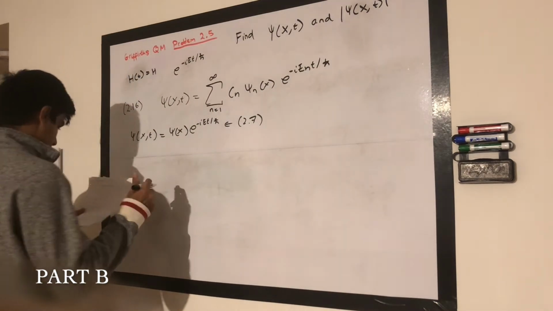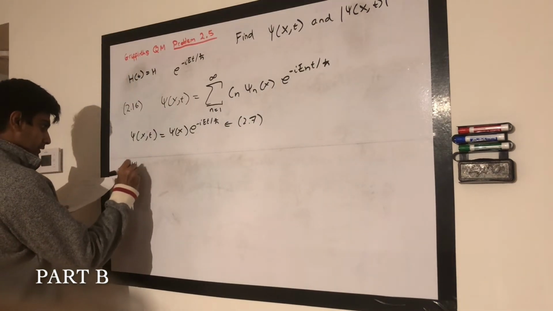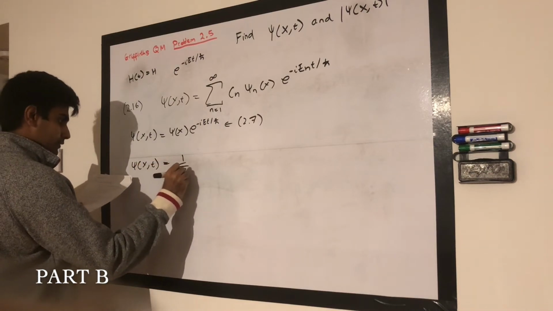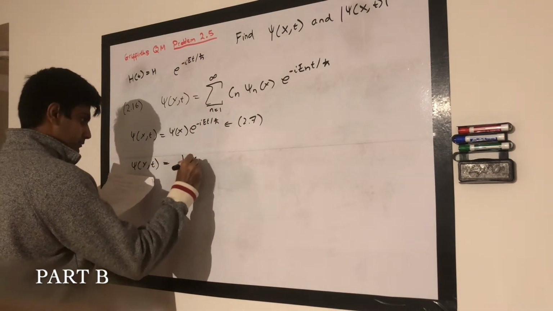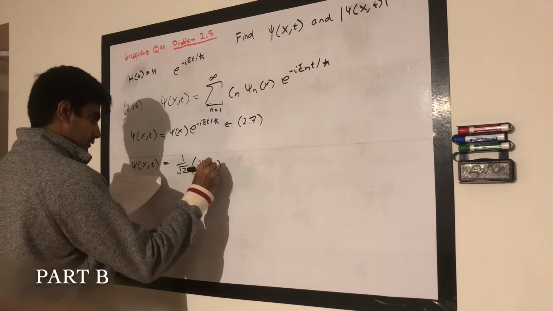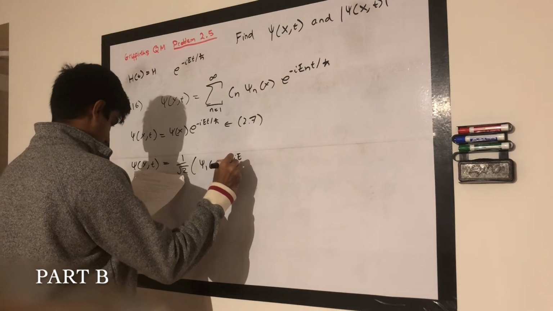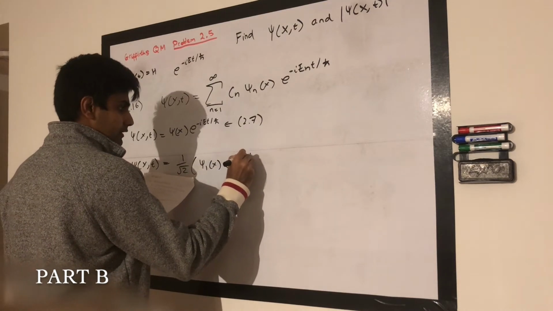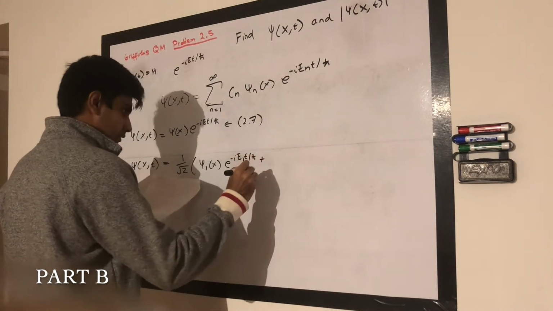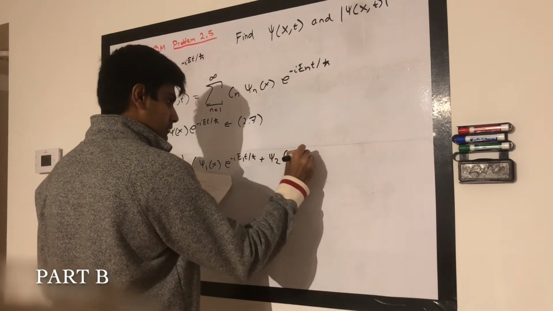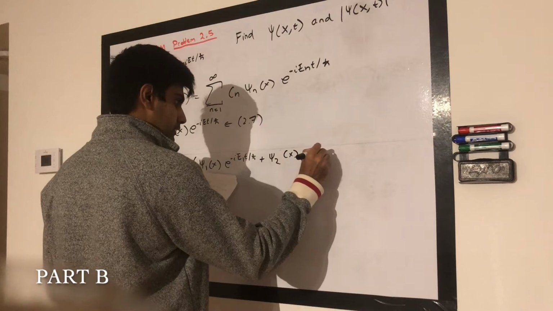So what we'll find is psi of x and t is equal to 1 over the square root of 2 times psi 1 of x e to the minus i E1 t, plus psi 2 of x e to the minus i E2 t.